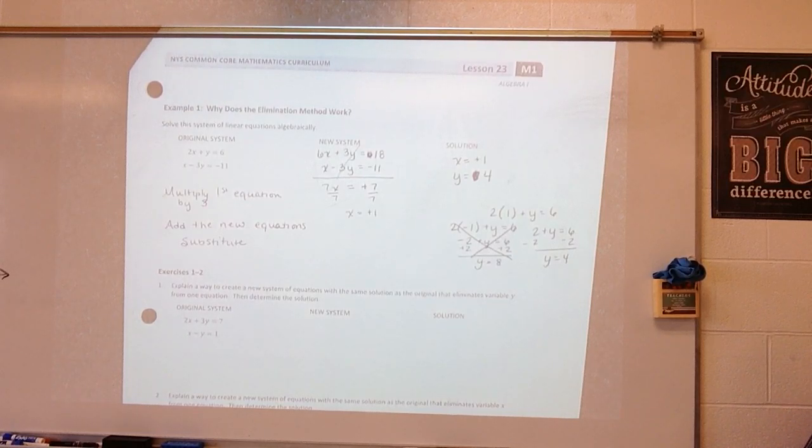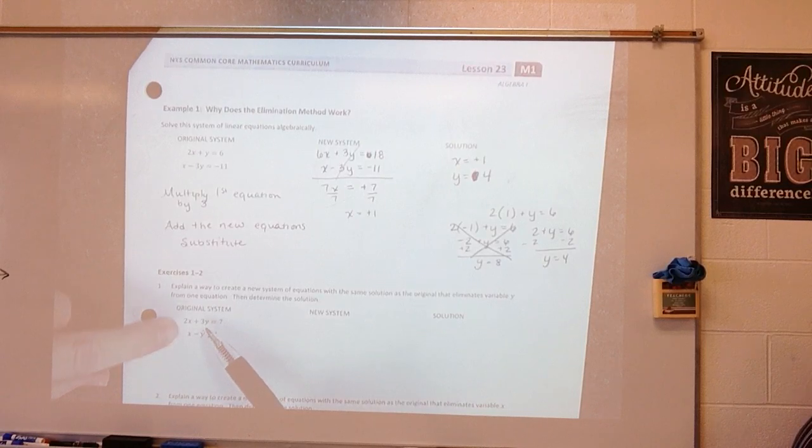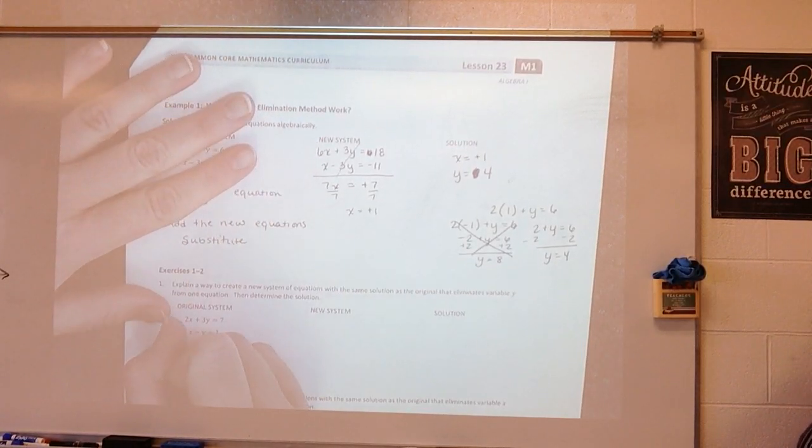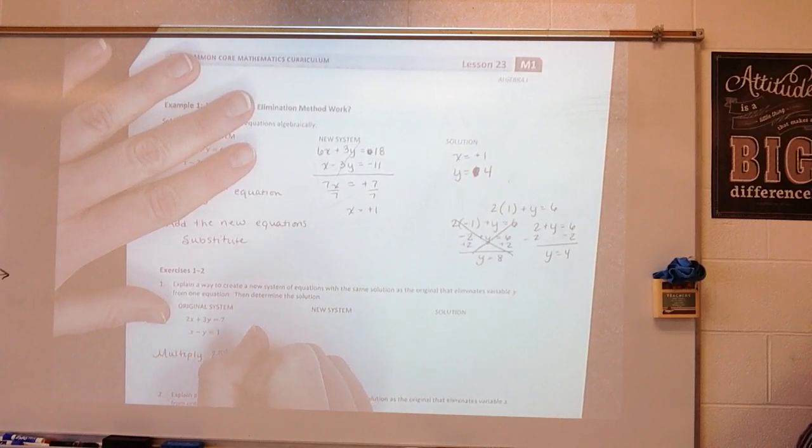Okay, so look at our exercises. Explain a way to create a new system of equations with the same solution as the original that eliminates variable y from one equation. All right, so let's look at this. I've got a 3y here, and I've got a negative 1y here. So I can multiply the second equation by 3.